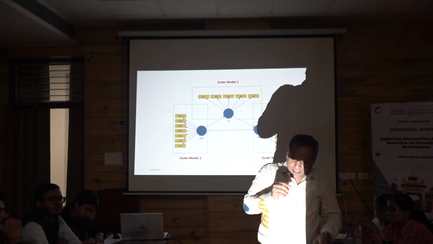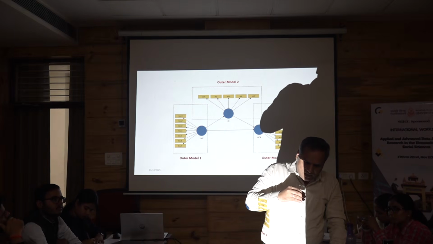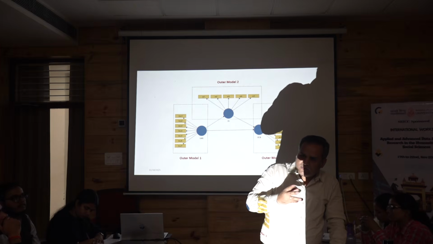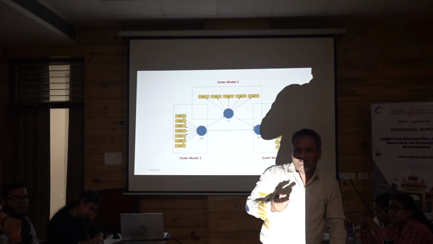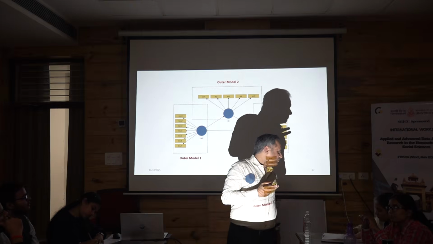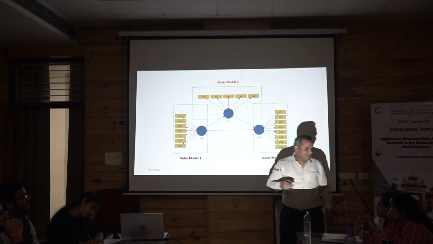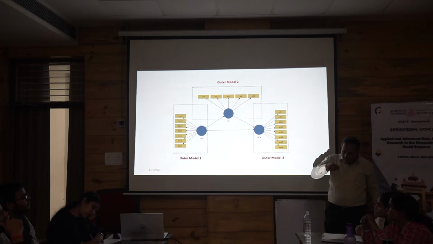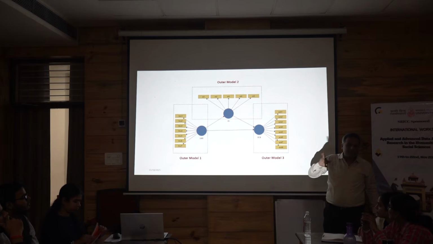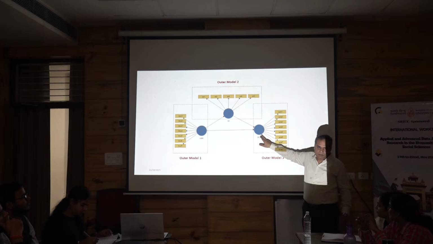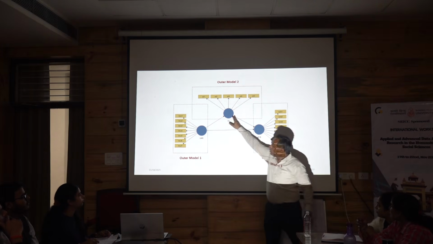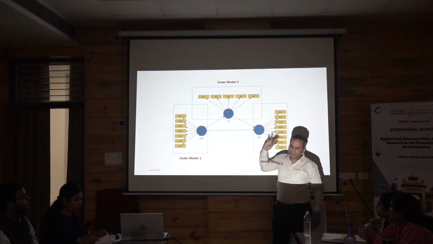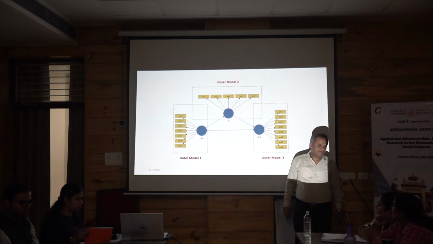So discriminant validity establishes that participants are seeing the constructs differently, not as one. Participants read the questions and see the difference in the statements. The purpose of discriminant validity is to prove that all the constructs are seen differently by the participants.